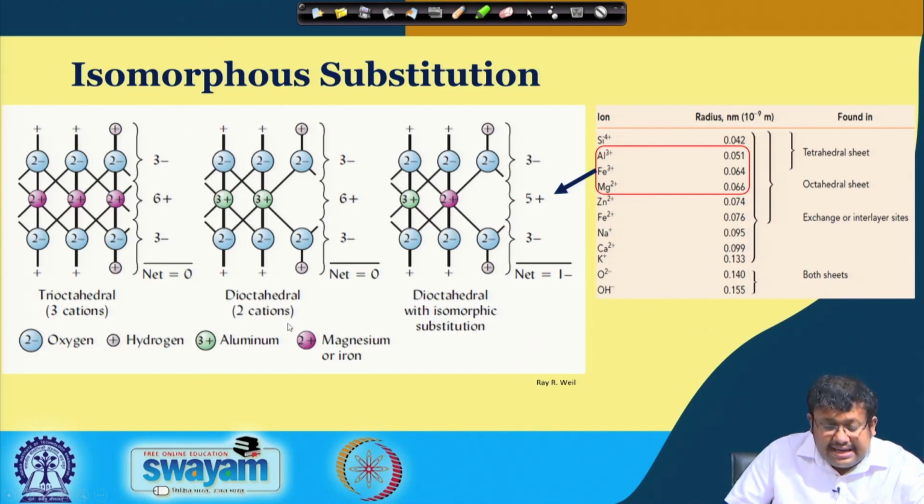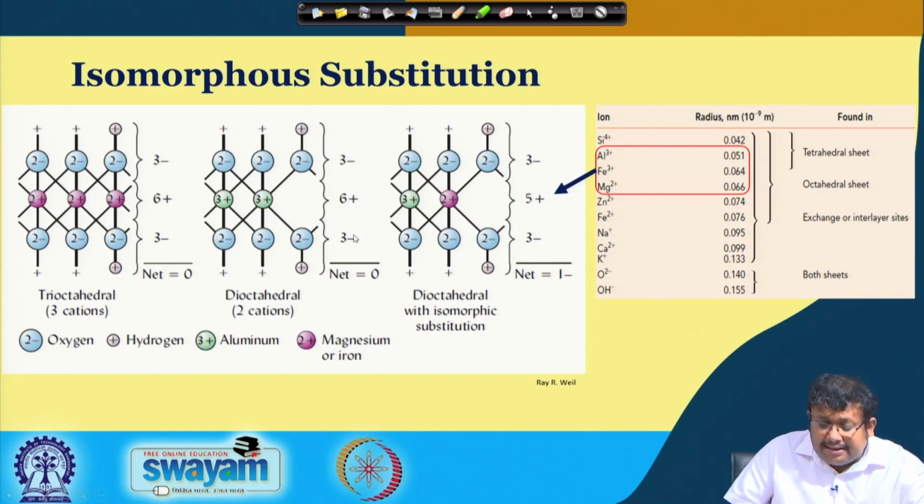So, we are getting a net charge of 0. In case of dioctahedral, obviously, as you know, 2 out of 3 positions are filled by aluminum. So, as you can see here 3 plus and here, so 6 plus and 3 minus. So, 2 aluminum will be required to satisfy the charge to get a net charge of 0.